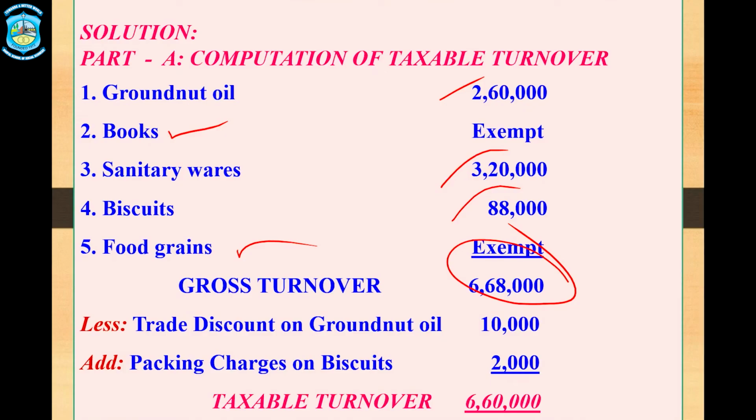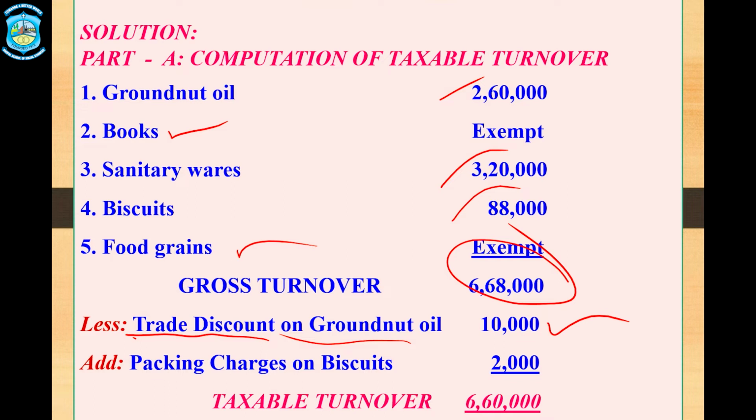First of all, please check, we have the trade discount on groundnut oil. It is 10,000. Discount is always to be deducted, each and every type of discount. If it is allowed to the customer, it is exclusion. Exclusion means minus. So here we have the 10,000 first minus, and we have some inclusions also. Inclusions means addition. So what is addition?